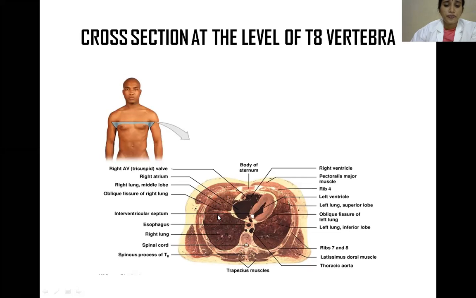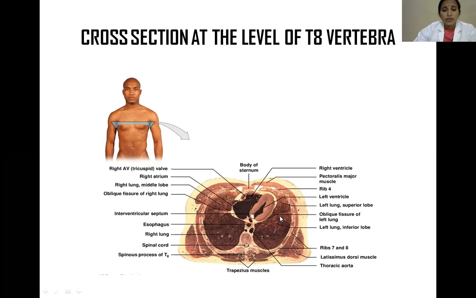And when you go into the middle area of the section, as it is the thoracic region, it is occupied by the lungs. These are the two lung fields. This is the right lung field, this is the left lung field. And here you can make out the oblique fissures of the two corresponding lungs. Okay, and there is a section of the heart showing the three chambers, right atrium, right ventricle, left ventricle.